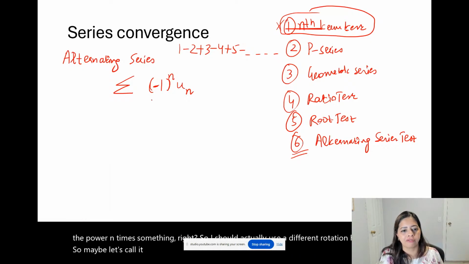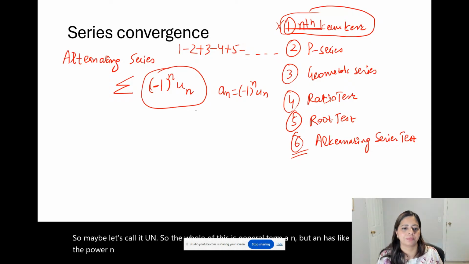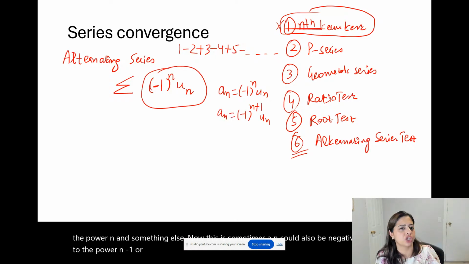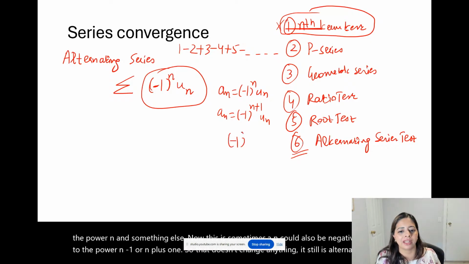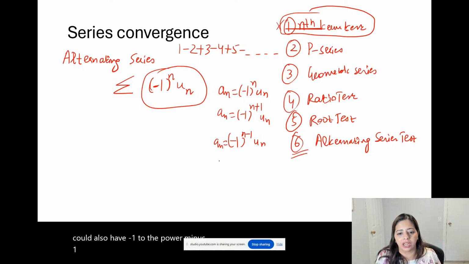The whole of this is the general term a_n, but a_n has two parts: negative 1 to the power n and something else. Sometimes a_n could also have negative 1 to the power n minus 1 or n plus 1. That doesn't change anything. It still is alternating. So you could also have minus 1 to the power n minus 1. It is still alternating, right?